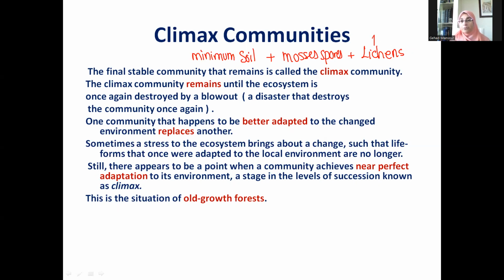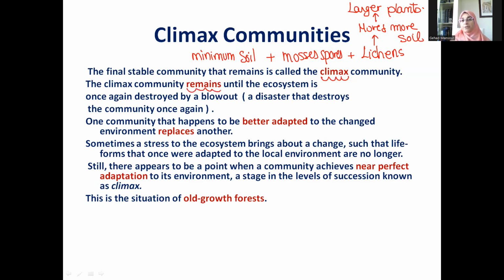And then gradually we would have more and more soil, until we get enough fertile soil to have larger trees and larger plants. Okay, so at the end, there is a final stable community that will be capable of surviving in that place where primary ecological succession has occurred, and we call it the climax community.